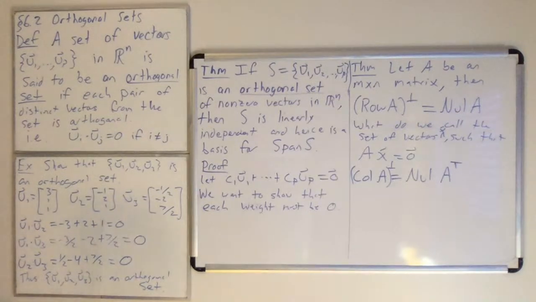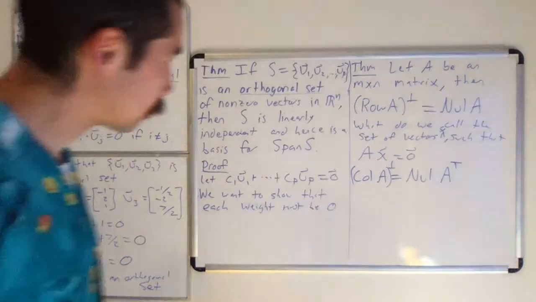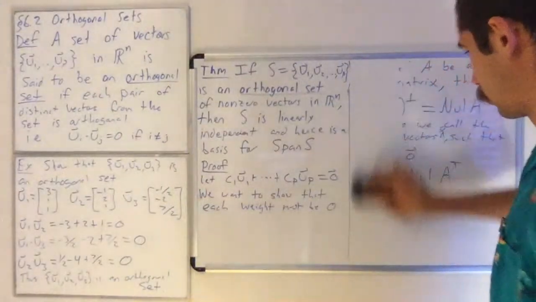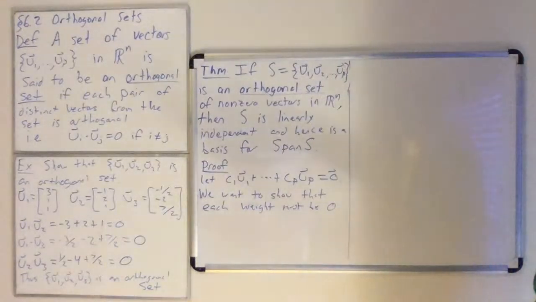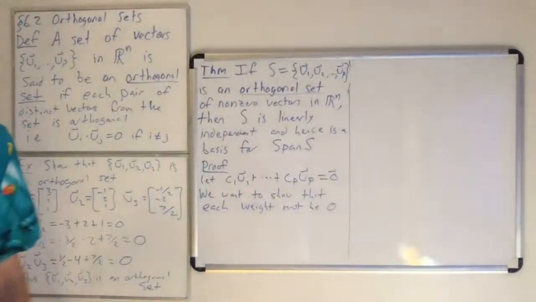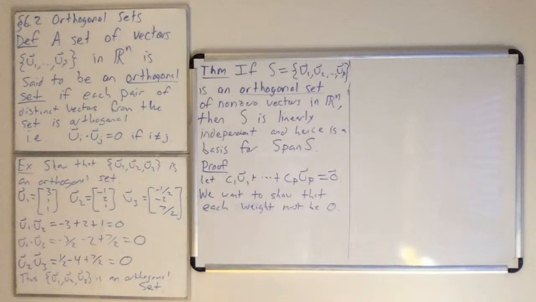So what does it mean for u1 through up to be an orthogonal set? Yeah, all the dot products equal 0.